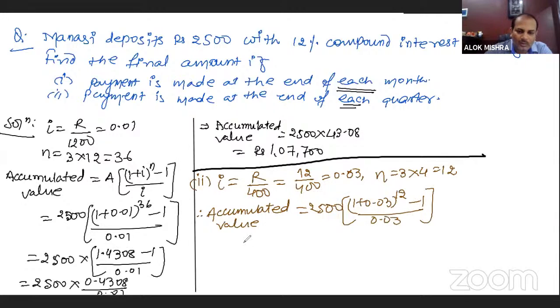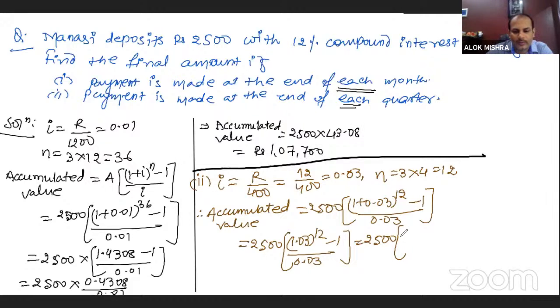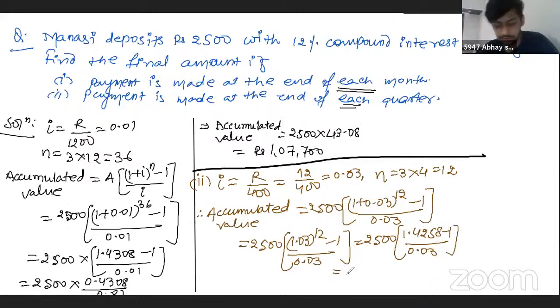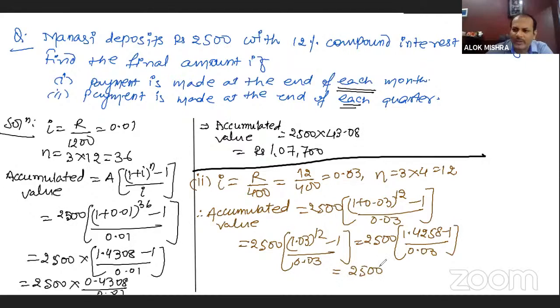Fine. So it's 2500 into 1.03 to the power 12 minus 1 upon 0.03. How much is this value? 1.4258. Yes, sir. 1.4257. So I'm just going for rounding off with 4 decimal places.